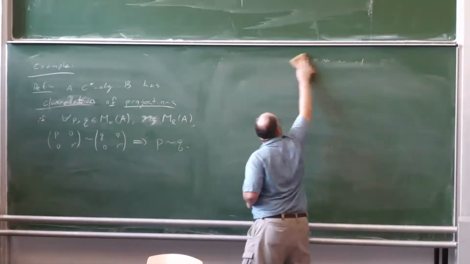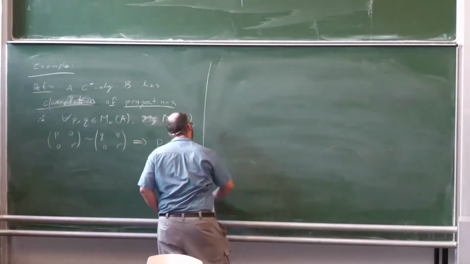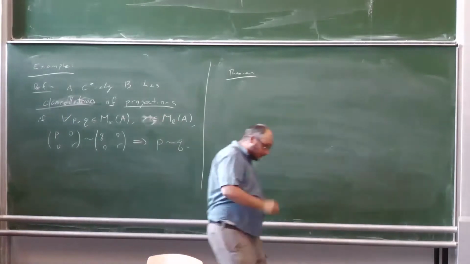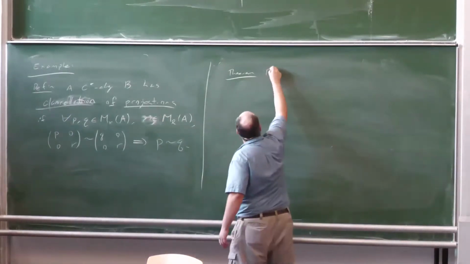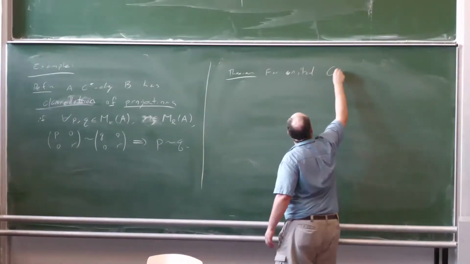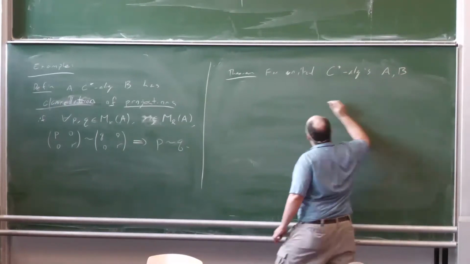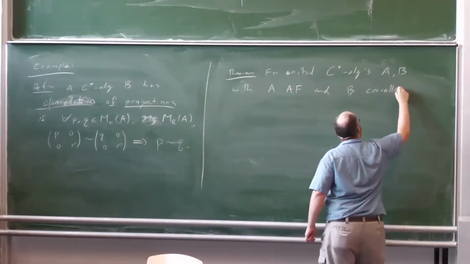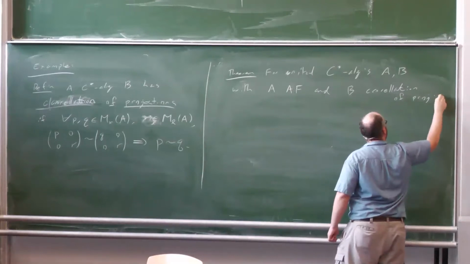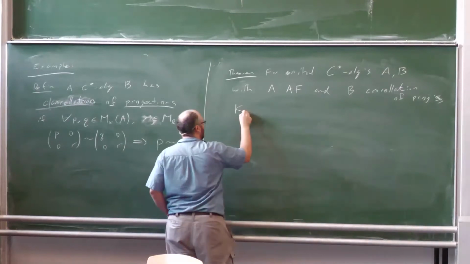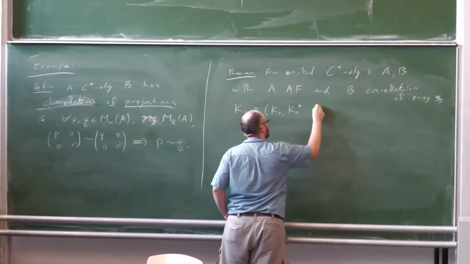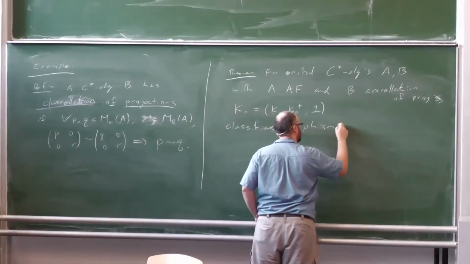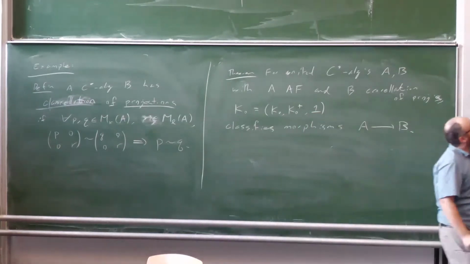Okay. So the theorem here that got mentioned in some form in Andrea's talk yesterday: say for unital C-star algebras A and B, with A AF and B with cancellation of projections, the K0 group, this time with its order, gives existence and uniqueness results.